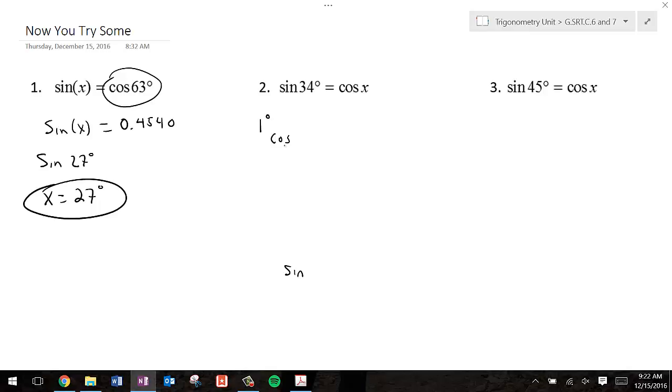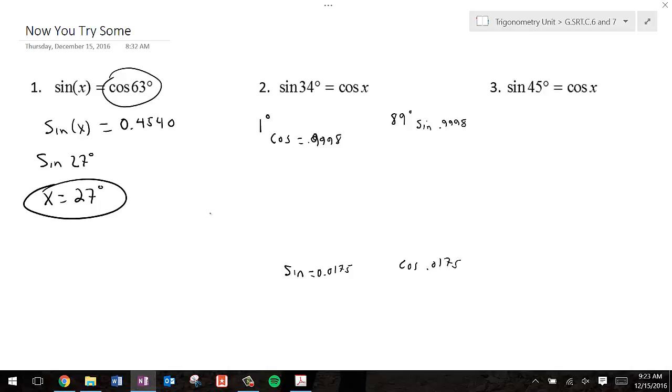So the cosine value for 1 degree is 0.9998, and the sine value is at 0.0175, so really small. But then as we go to 89 degrees, the sine value is going to be 0.9998, and the cosine value is going to be 0.0175.